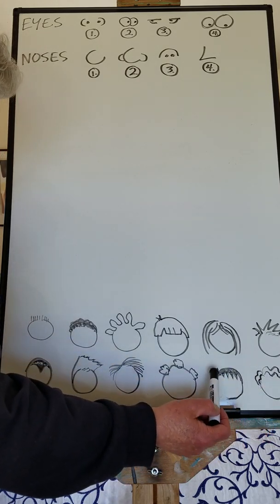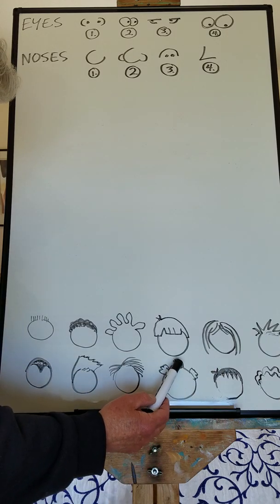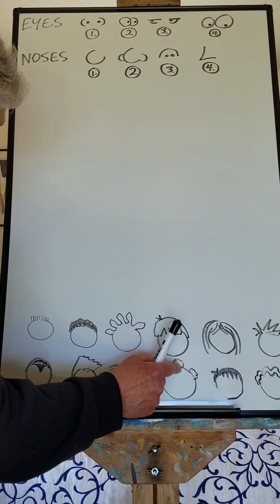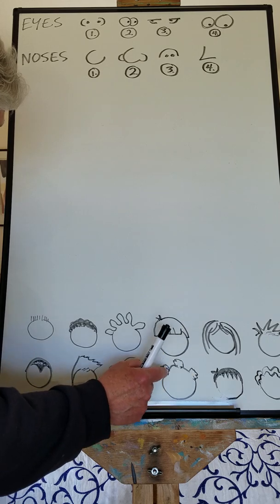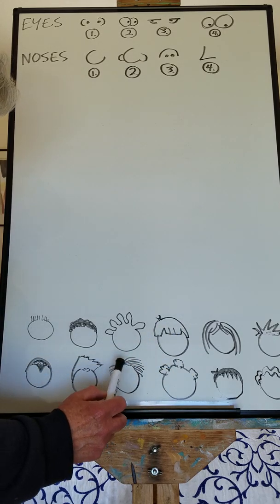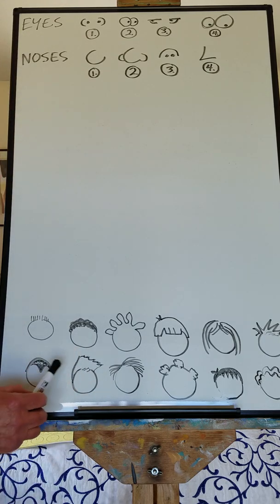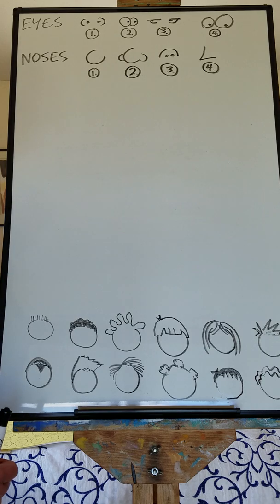Curly hair. Frankenstein hair. Old man, little cotton balls growing out of the top of his head. And spiky straw hair, and this one here. I don't know what that's called.